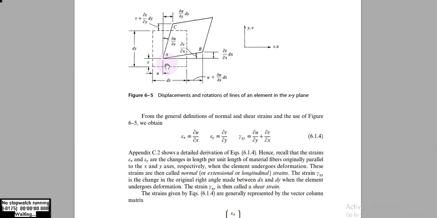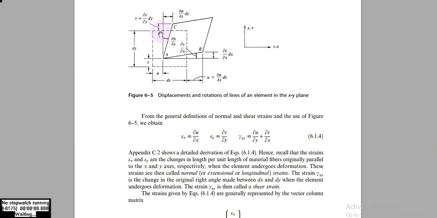The length is considered as dx, and the height, that is the length in the y direction, is dy. Now the deflection in the x direction is u, and the deflection in the y direction is v.